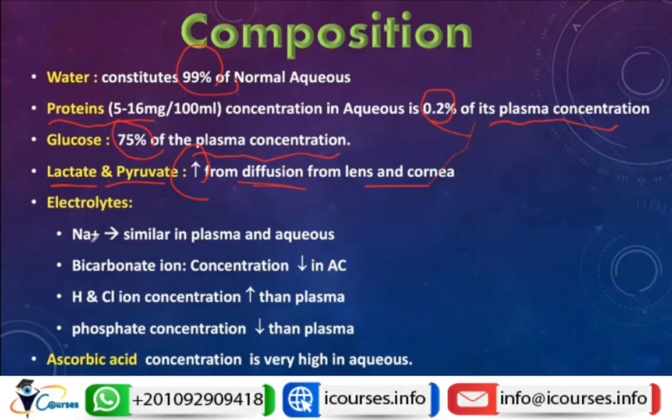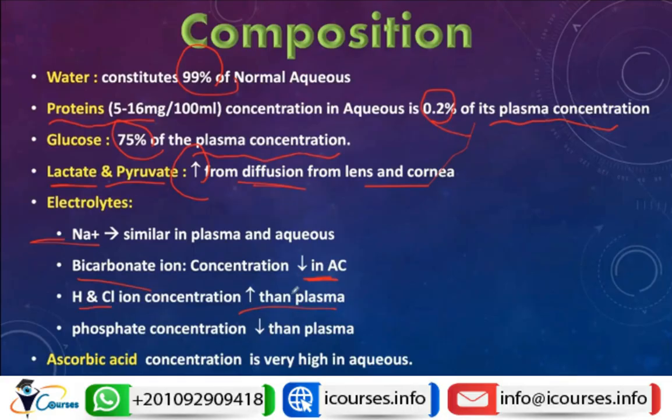For the electrolytes, the sodium will be the same. So this will be a common cation that is the same in the lens, the aqueous and the plasma, and also the same in the tear film and the plasma. The bicarbonate ion will decrease in concentration in the anterior chamber, and the hydrogen and the chloride will be more than the plasma.